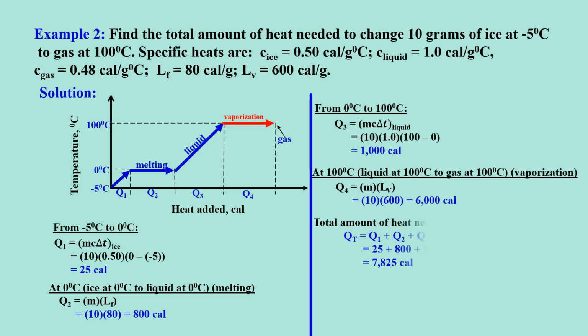And to find the total amount of heat needed, we add all of these heats. We have Q sub 1 plus Q2 plus Q3 plus Q4 equals 7,825 calories.